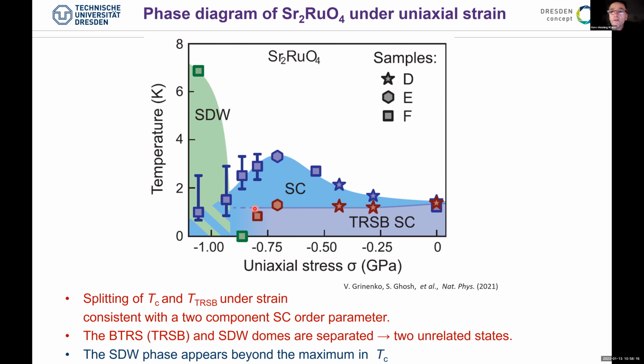So it's basically just one orientation that you always look at in these uniaxial strain experiments. Mm-hmm. So it's completely detwinned, if you wish. Okay. Yeah.